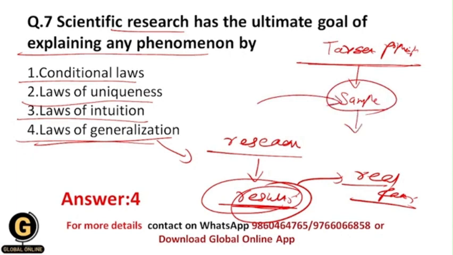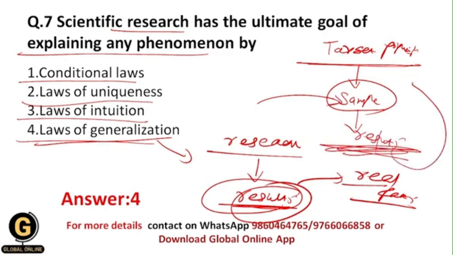Basically we get the results from these samples, and we apply these results to the target population, because our aim of the study is what? The target population, not the sample. That's why we apply the conclusion of these results to the target population.